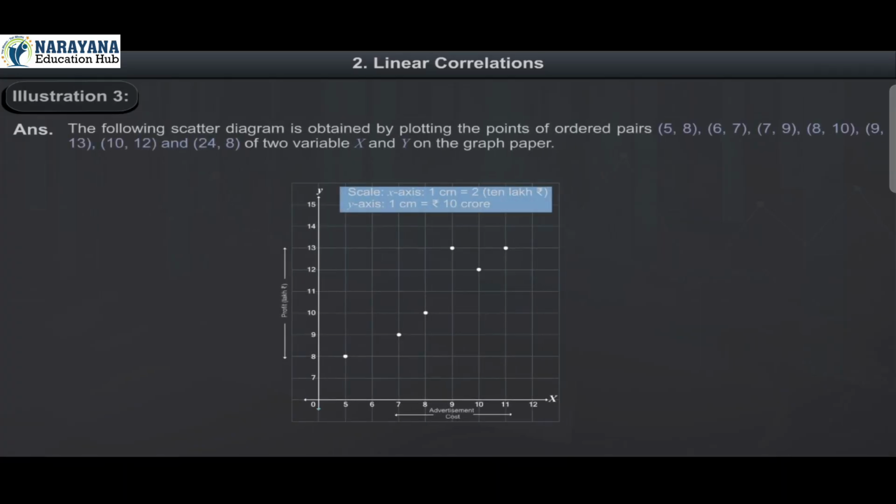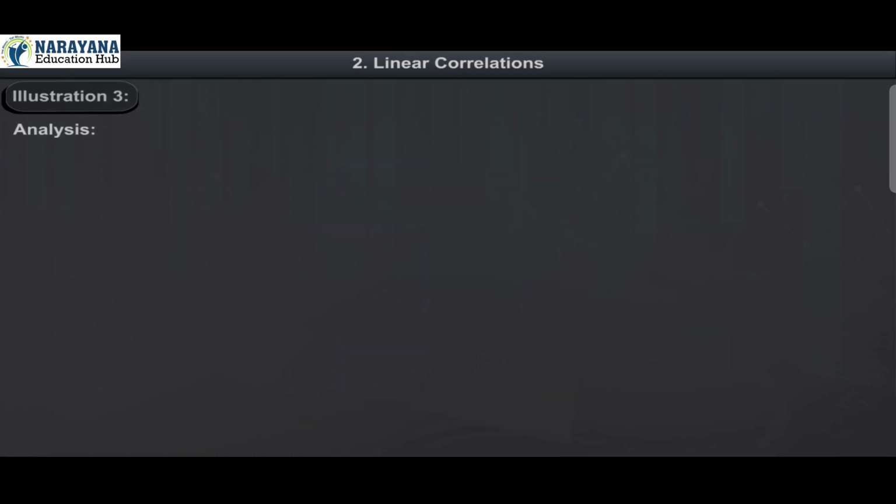Answer. The following scatter diagram is obtained by plotting the points of ordered pairs 5, 8, 6, 7, 7, 9, 8, 10, 9, 13, 10, 12 and 11, 13 of two variables x and y on the graph paper. Analysis.